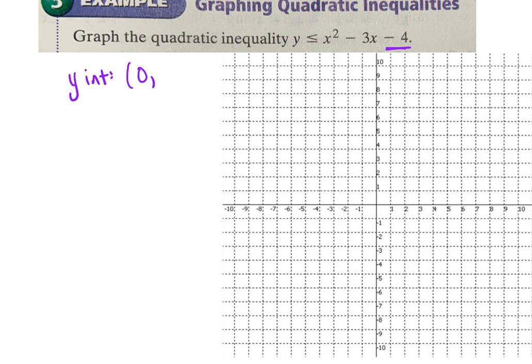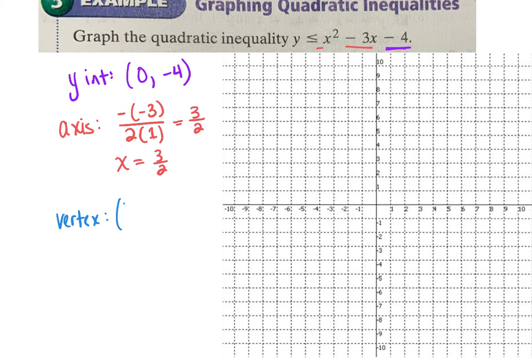So the y-intercept is going to happen at 0, -4. For my axis, I'm going to have negative b over 2a, which is going to give me 3/2. All right. And then for my vertex, I do have to plug in a fraction, which is okay.